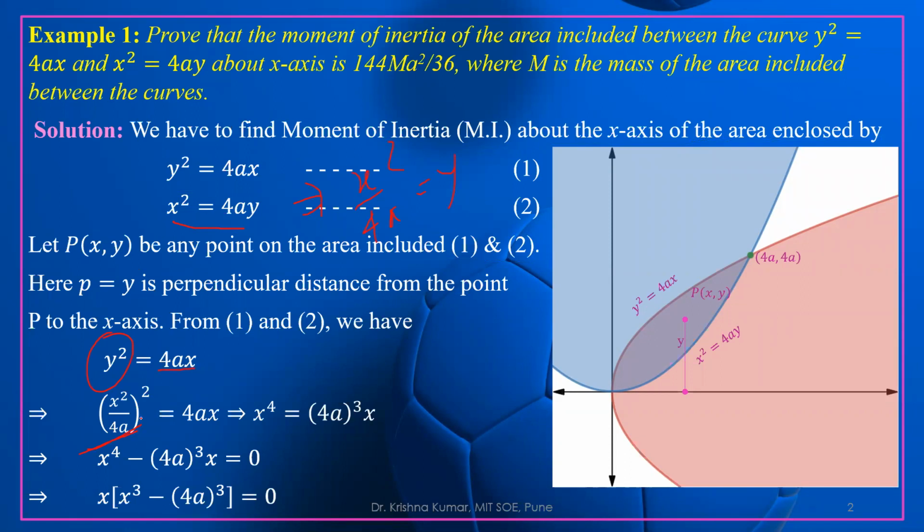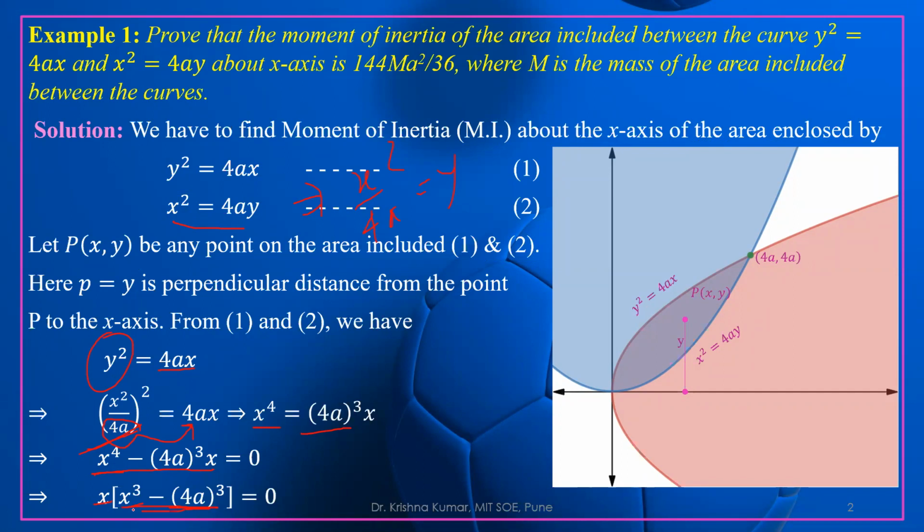If we simplify, it is x to the power 4, and the 4a whole square goes to the other side, becoming 4a whole cube x. Let us transpose this to the left hand side: x to the power 4 minus 4a cube x equal to 0. Again, x is common in both parts, so we take x outside: x times x cube minus 4a whole cube equal to 0.